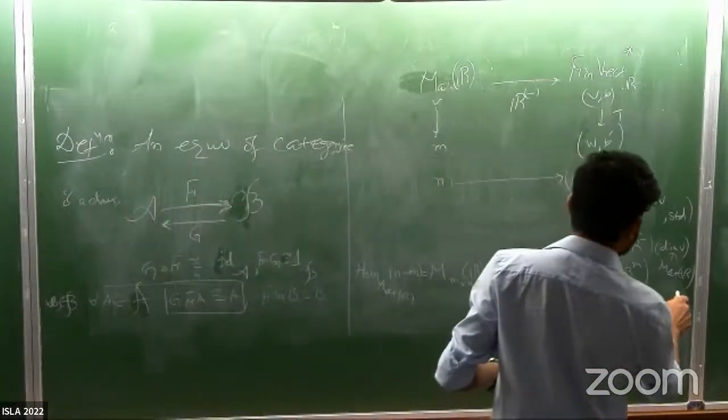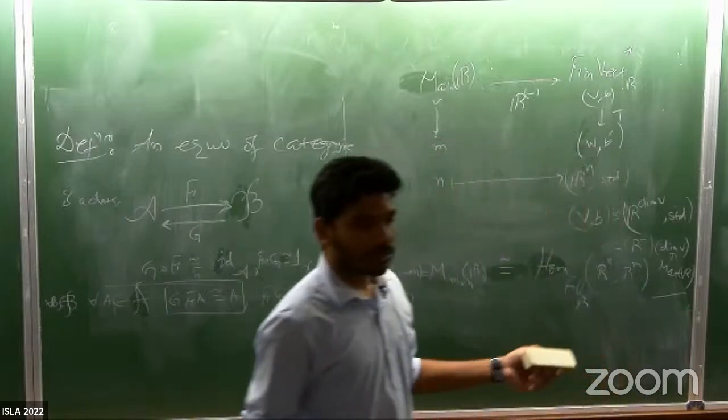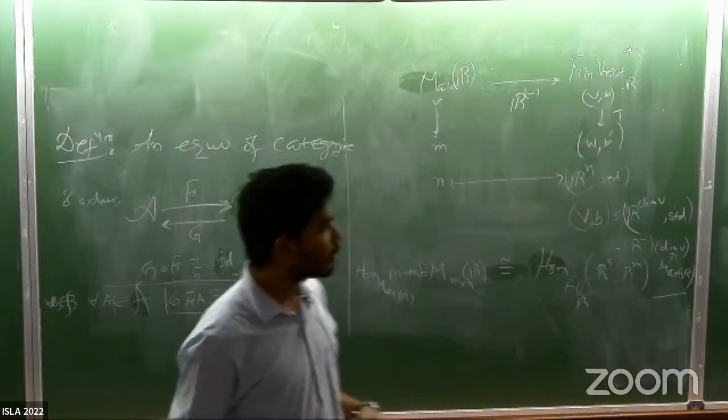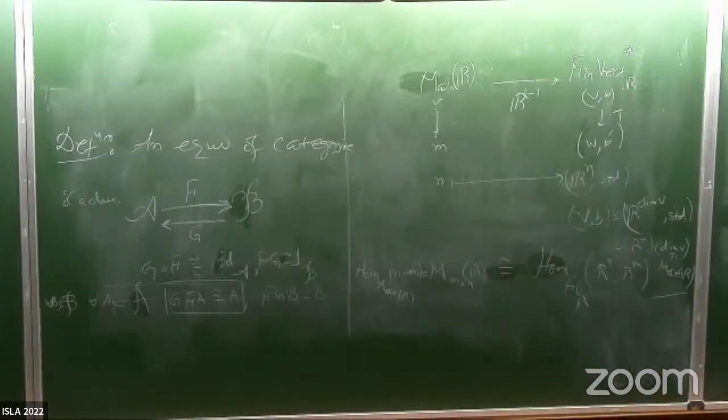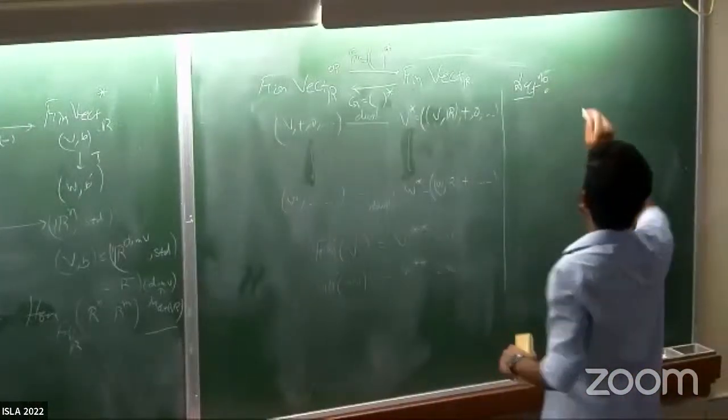So this idea that there is an object whose image becomes isomorphic to a given object is called essential surjection. So I'll write a definition, but that is not worth pointing out.